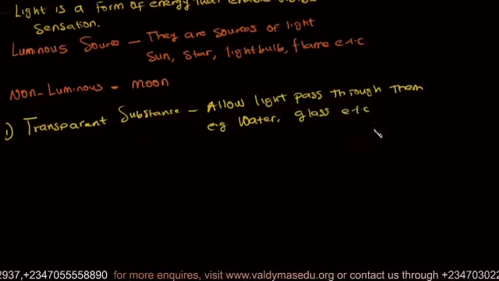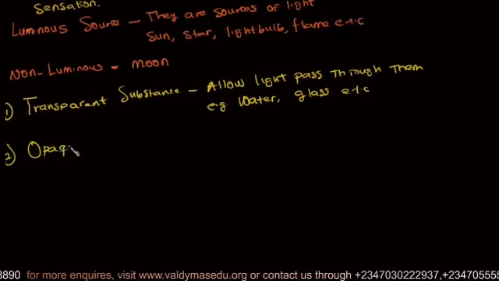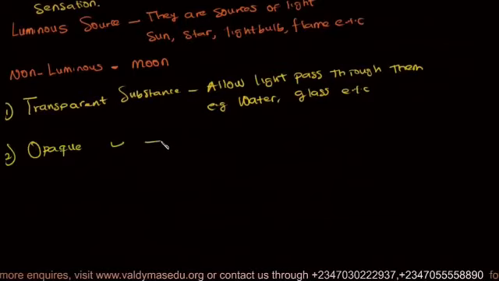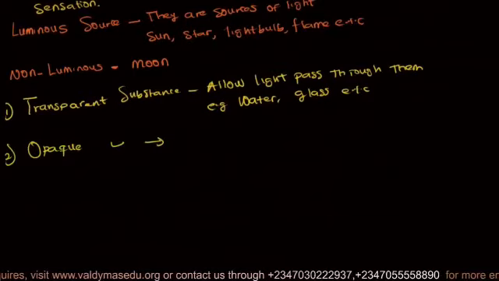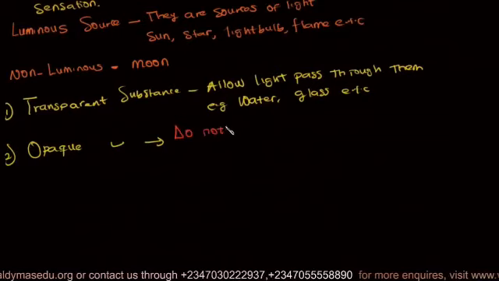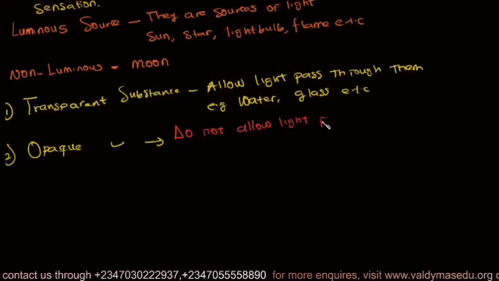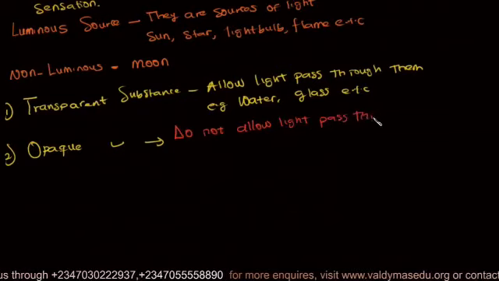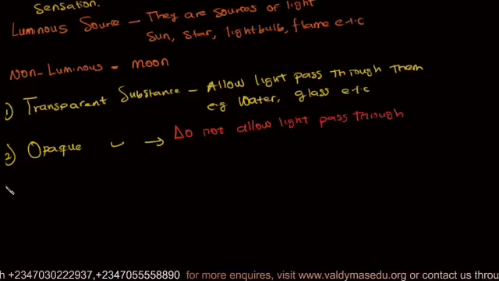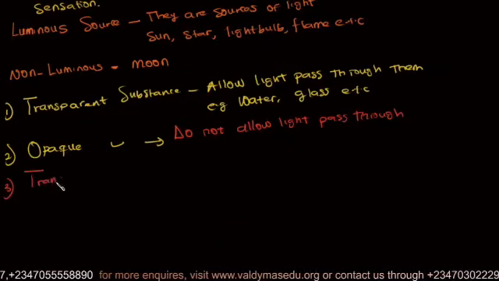Another example we look at is opaque substances. Opaque substances are simply substances that do not allow light to pass through them. Another third type is what we call the translucent substances.